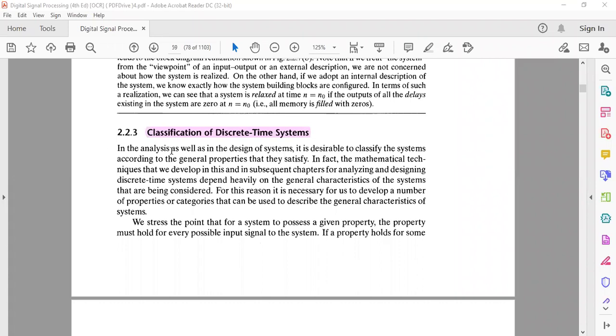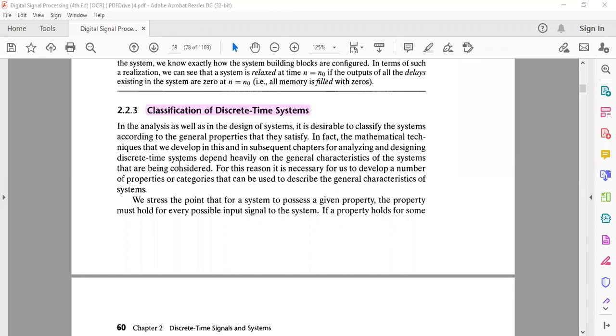In the analysis, as well as in the design of systems, it is desirable to classify the systems according to the general properties that they satisfy. In fact, the mathematical techniques that we develop in this and in the subsequent chapters for analyzing and designing discrete time systems depend heavily on the general characteristics of the systems that are being considered.